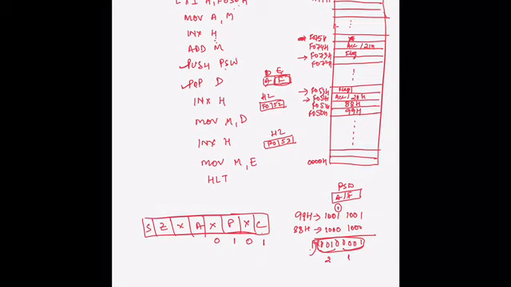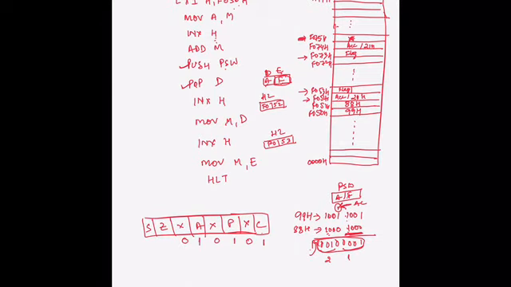Auxiliary carry: when there's a carry from the lower nibble to the higher nibble, this is called an auxiliary carry. So there is an auxiliary carry, so I put 1.